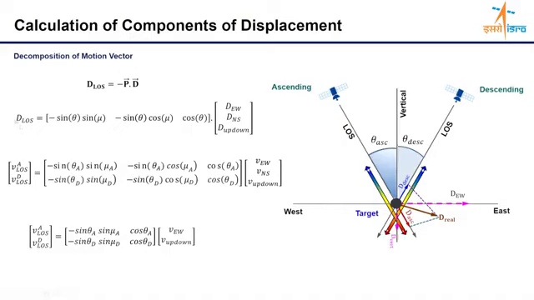In this relationship, this is only a single equation, but let's go into detail, because the line of sight displacement you can get from either the ascending or the descending pass. Theta, the incidence angle, is known for all the images, and mu is related to the satellite heading, which is known for both passes, ascending or descending.